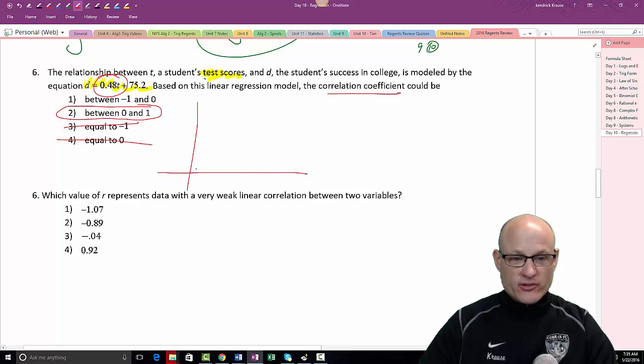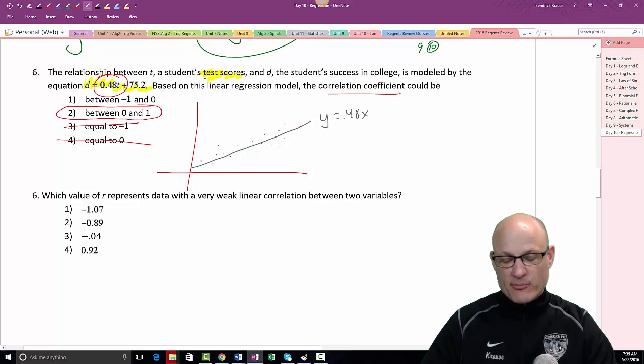So if I was to look at this equation, the data might look like this. It's got a slope of a half, and if I draw in that line of best fit, it's going to look like that. Well, that's a slope of y equals 0.48x, and then it says plus 75.2.